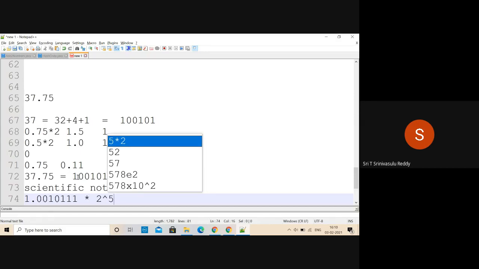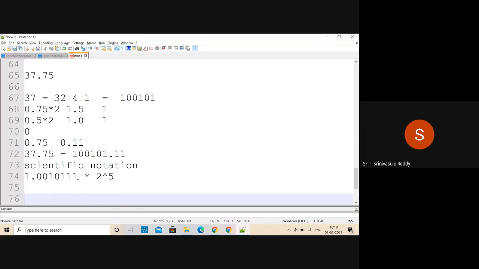So this should be multiplied by 2 to the power 5. Both are one and the same: 1.0010111 times 2 to the power 5 is equivalent to 100101.11.